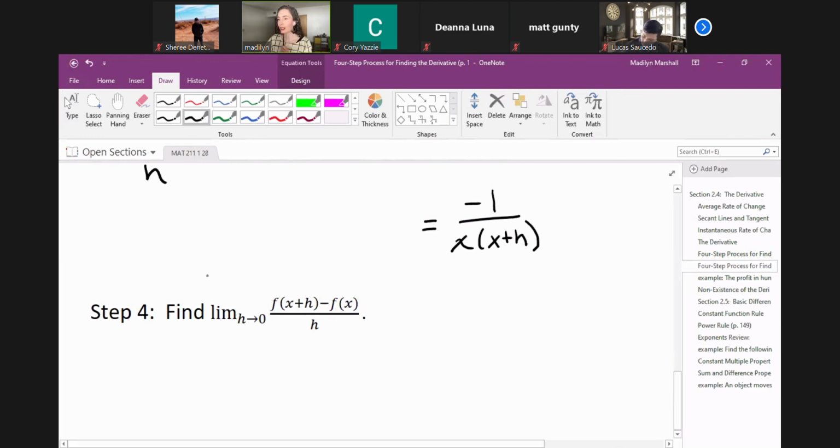Because when we get to this point, we can take that limit as h goes to 0 of the thing that we just found. So we have negative 1 over x times x plus h.